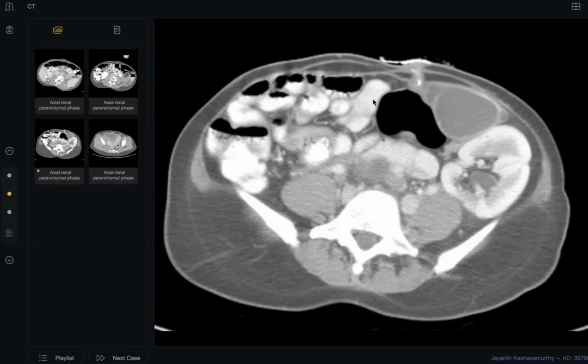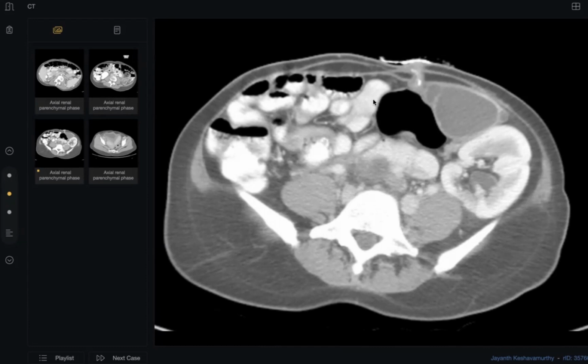Again, my colleagues, Prune Belly syndrome has at least three components you must talk about in the exam. Number one, absent or very weak anterior abdominal wall.